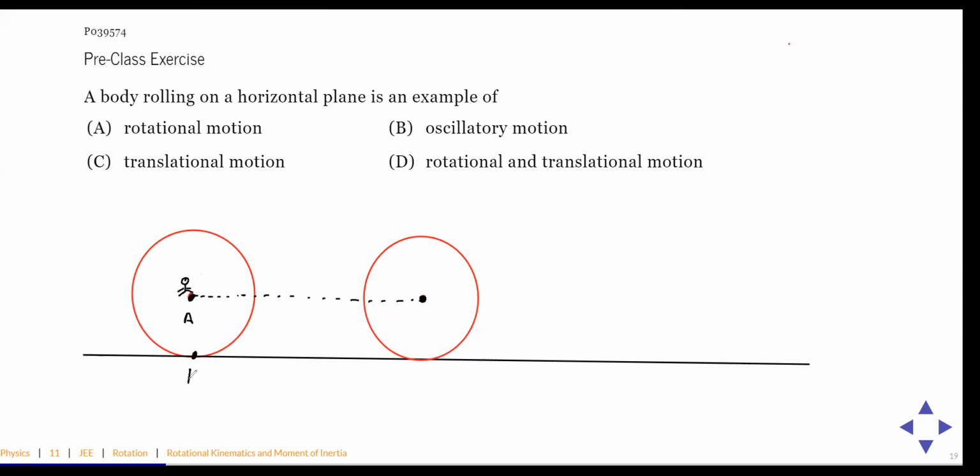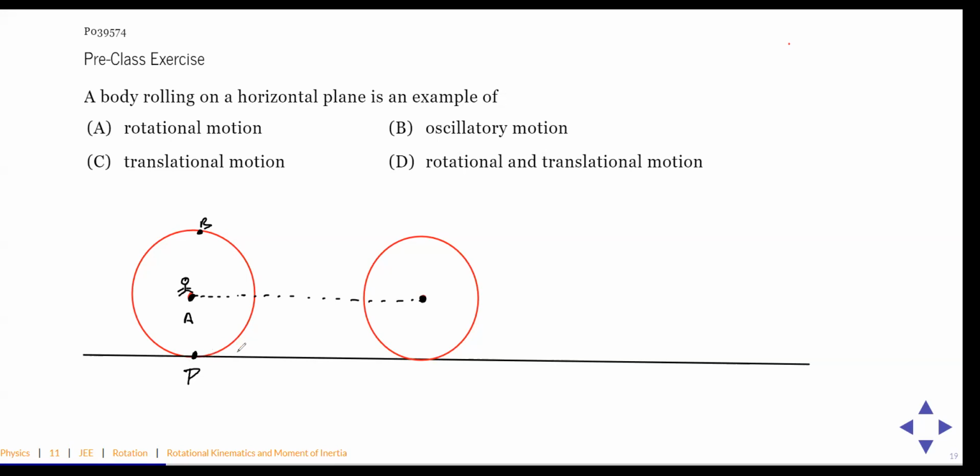This is point P. About this point P, if you take any point, suppose this point B, what will happen to B? After some time, this point is actually changing all the time.